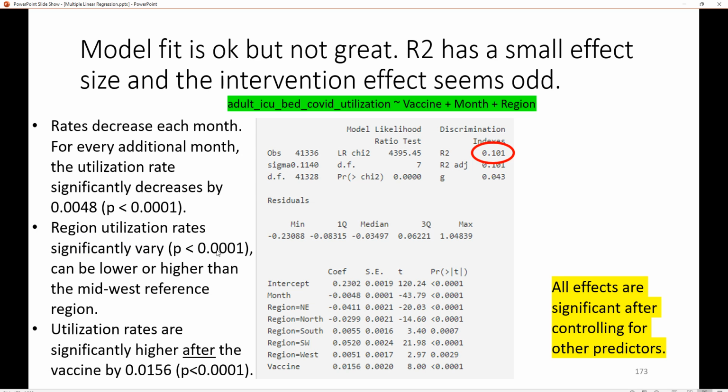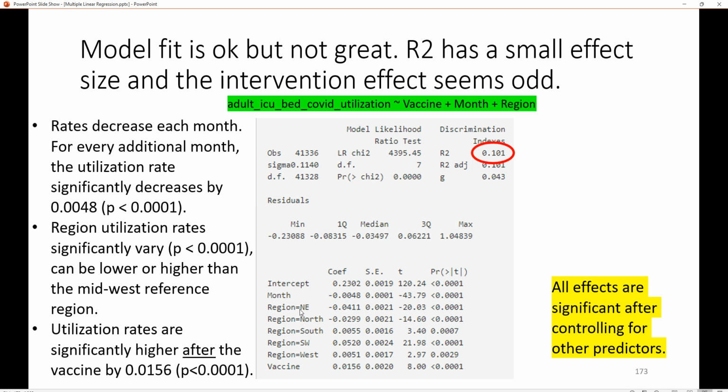And how we can interpret the region effect is that region utilization rates significantly vary. P is less than 0.0001. Can be lower or higher than the Midwest reference region. And so we see in the region we have 5 rows. We have 6 regions, but we have 5 rows of coefficients. So that indicates that the Midwest region, which you don't see here, is used as a reference group.